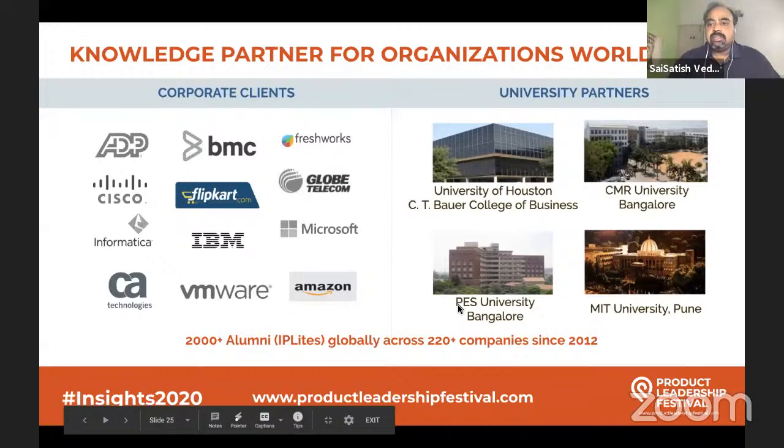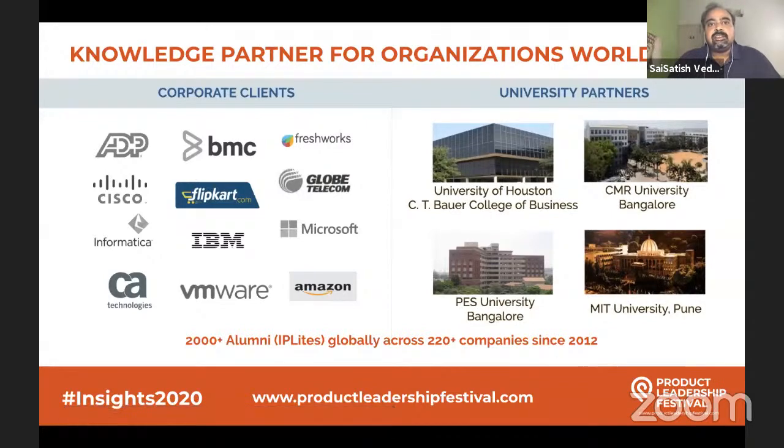A little bit about the Institute of Product Leadership: started in 2012 in Silicon Valley, but more focused on India. IPL is an organization with a singular mission of creating 10,000 product leaders in this country.